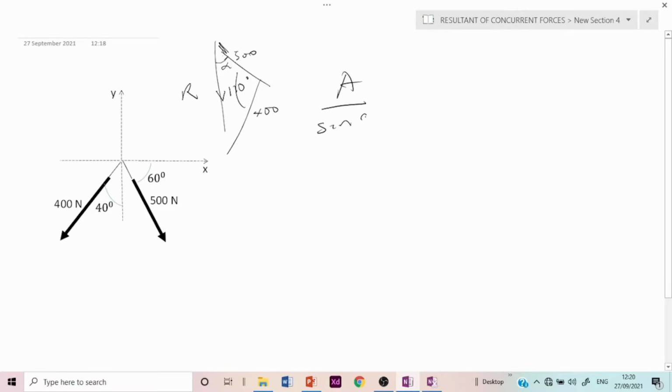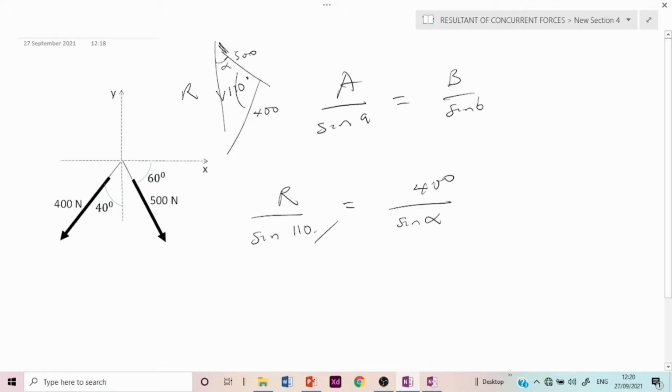a over sine of the angle that is facing side a is equal to b over sine of the angle that is facing side b. In this case, we have our resultant, so we can say resultant over sine of the angle facing the resultant, which is 110, is equal to 400 over sine of the angle facing 400.